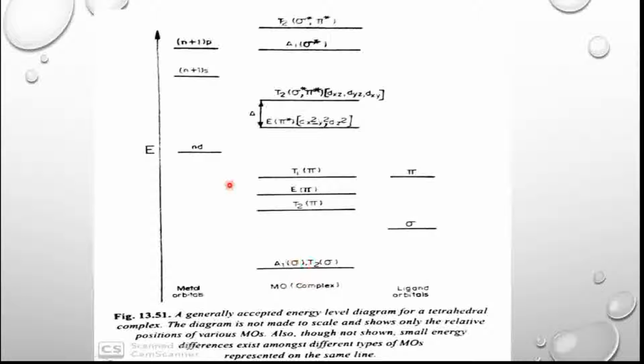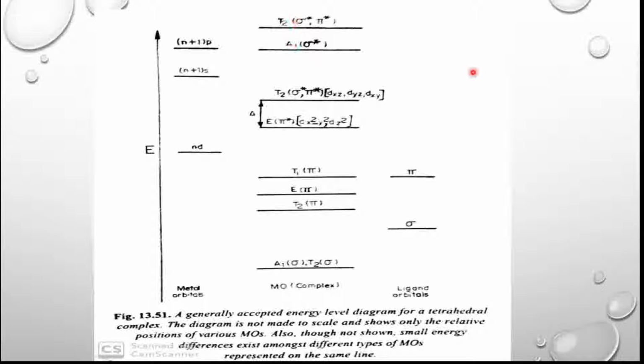If you want, you can put their symmetries here, as I did in the last slide, and then correlate. These are the bonding molecular orbitals, all of the sigma kind, and these are the anti-bonding, which are T2, E and T1 type. Then these are the pi bonding molecular orbitals, these are the pi anti-bonding molecular orbitals, and these are the sigma and pi anti-bonding molecular orbitals, right? And then you have this symmetry.